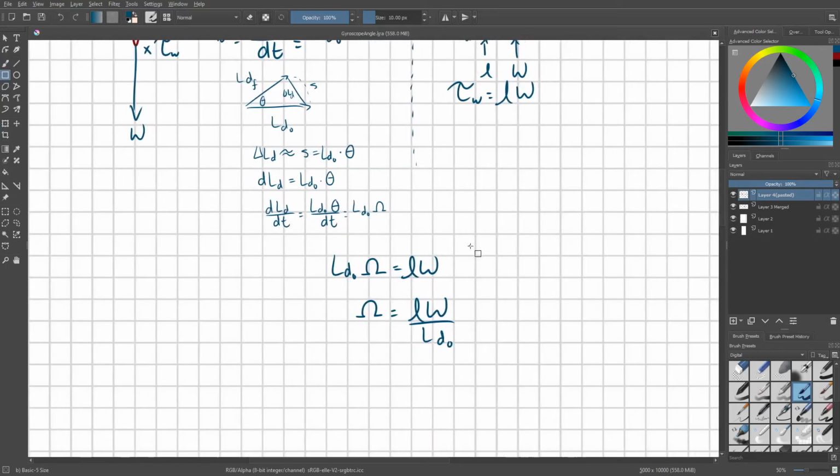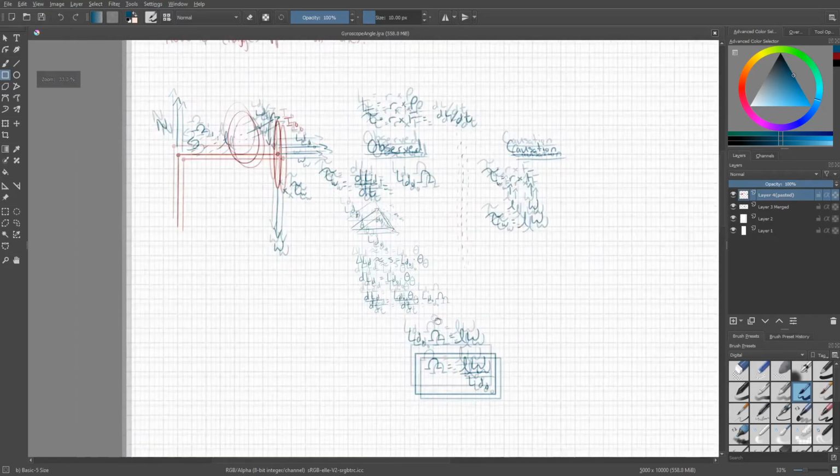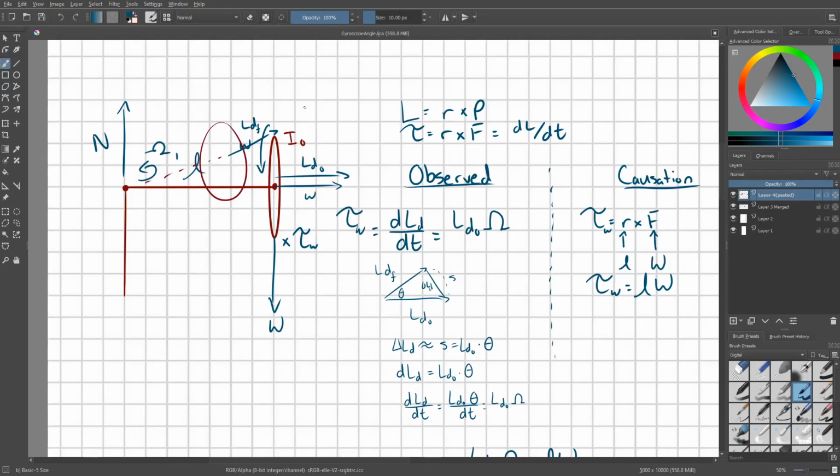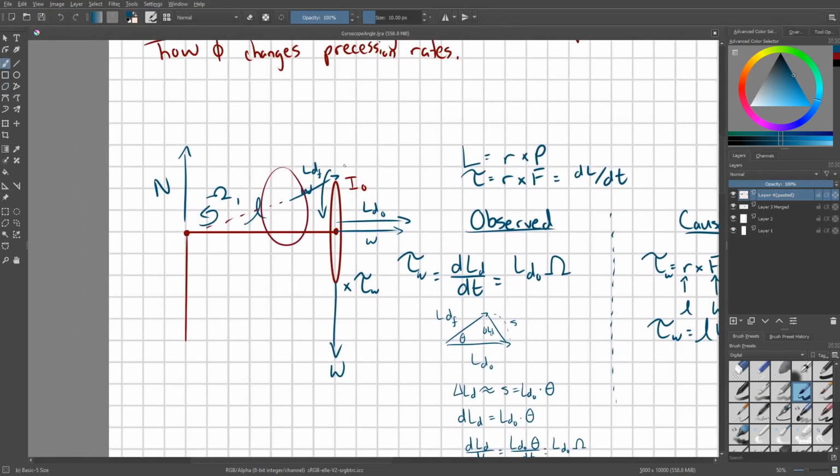I'm going to make a remark on this real quick, because it's something we want to take note of. This angular speed, this big omega, is also generating an angular momentum that points upward. I'm going to call this L omega.